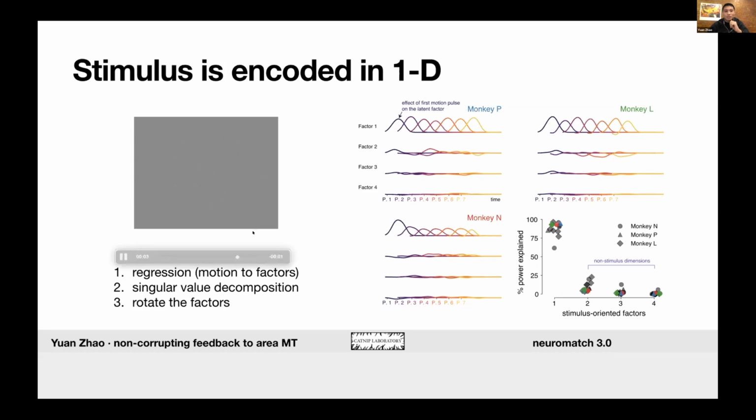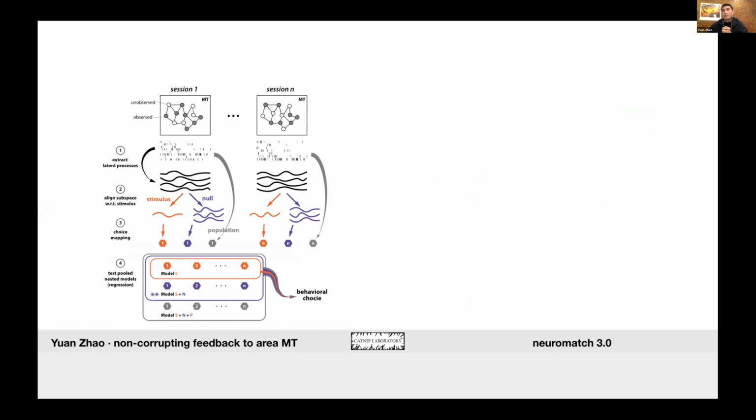Here on the left, it's the real visual motion that was presented to the monkeys. Finally, we can align and map the factors for choice probability calculation. So after the extraction of latent factors, we partition the factors into the stimulus subspace and the non-stimulus subspace.